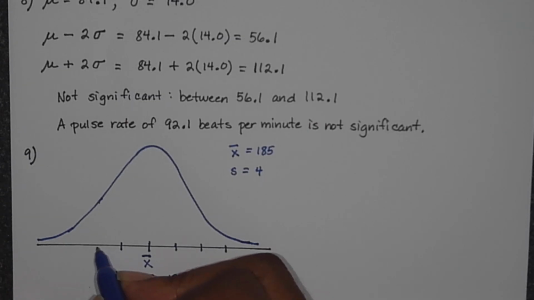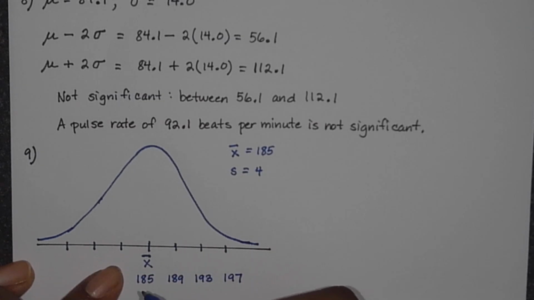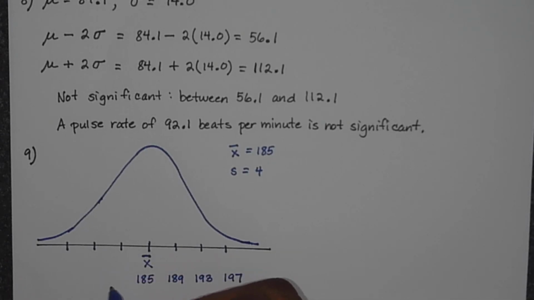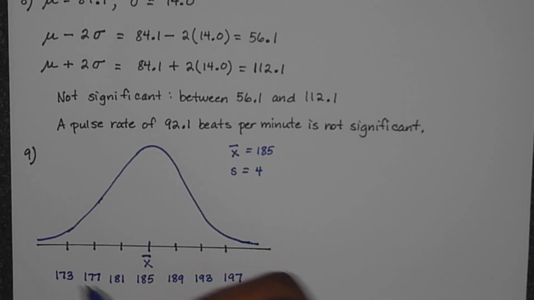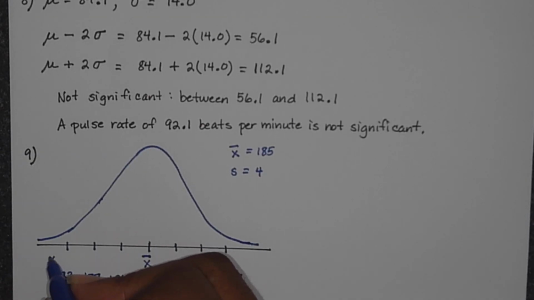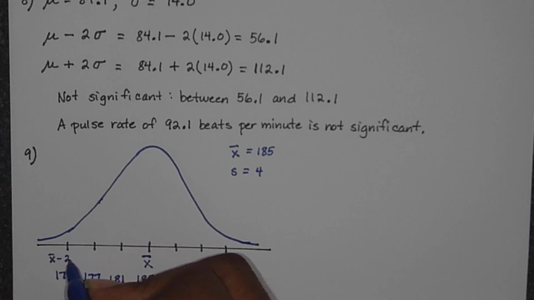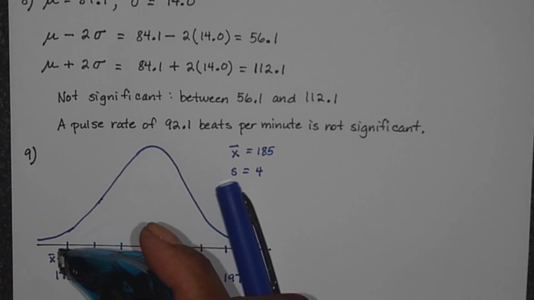And then 3 less than that, subtract 4 from the 185, you'll get 181. Subtract 4 from that, and subtract 4 from that. All right. Now, of course, this represents x bar minus 3 standard deviations from the mean.